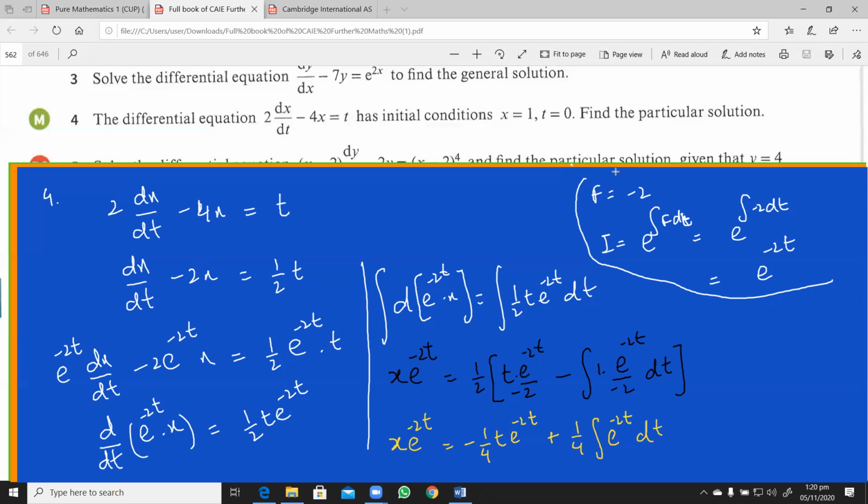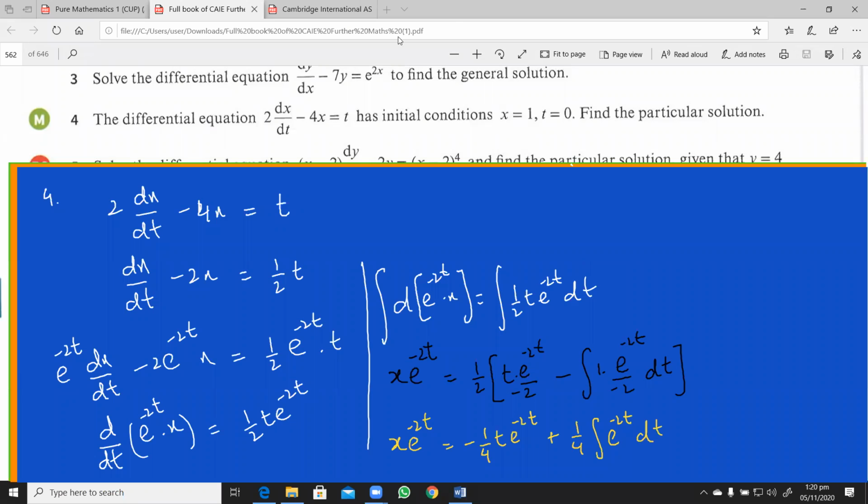Okay, so let's make some space here. So this x e raised to power minus 2t is finally minus 1 over 4 t e raised to power minus 2t, and this is minus 1 over 8 e raised to power minus 2t plus c.